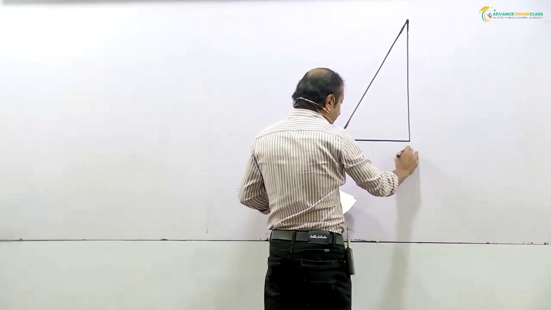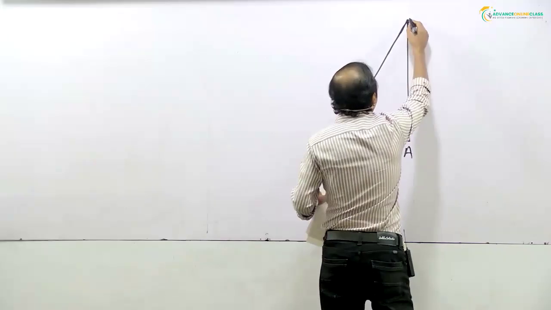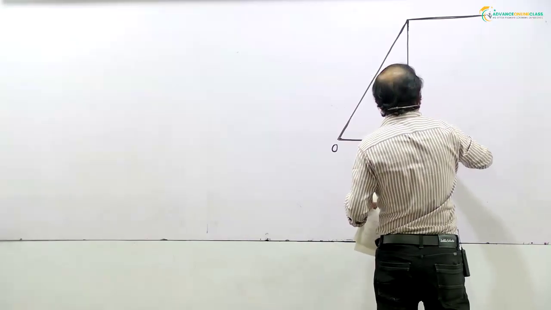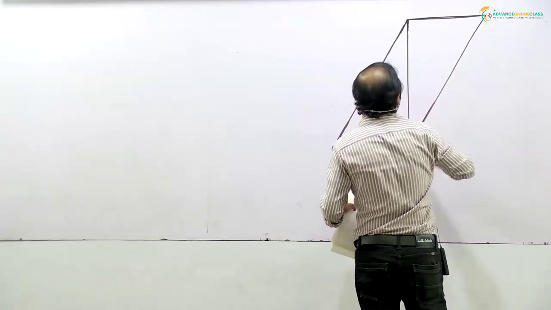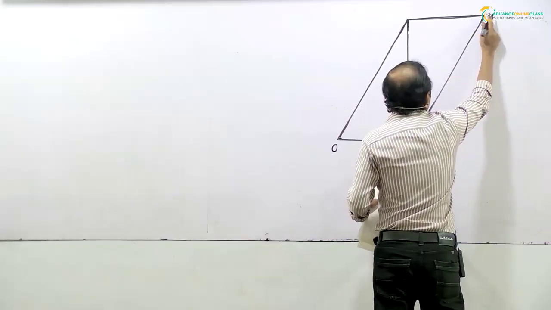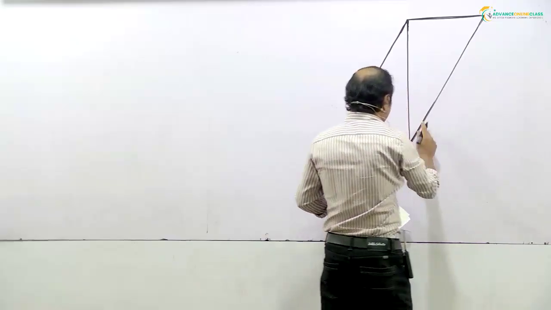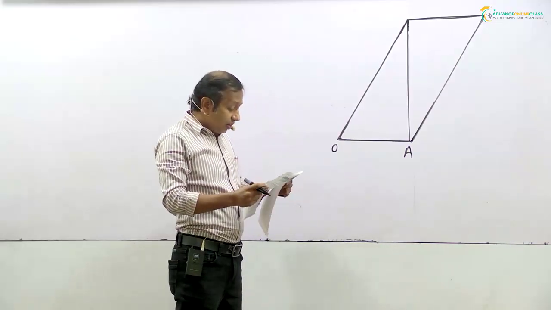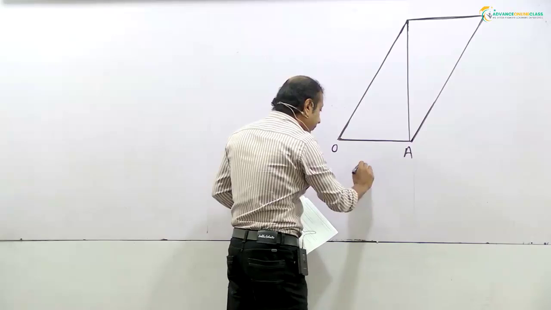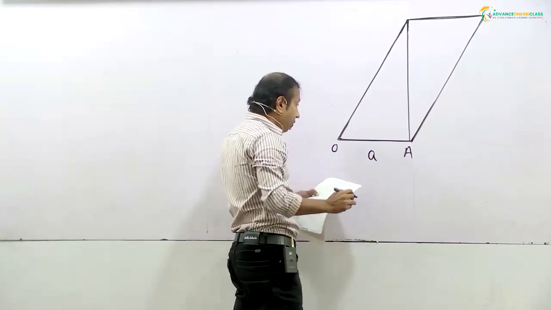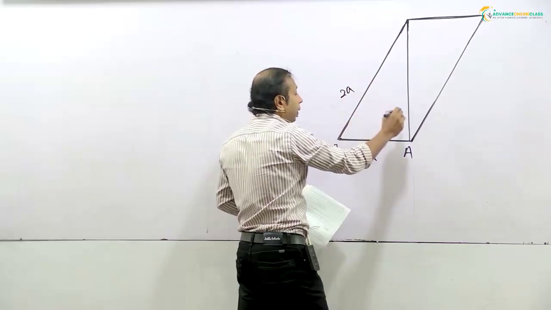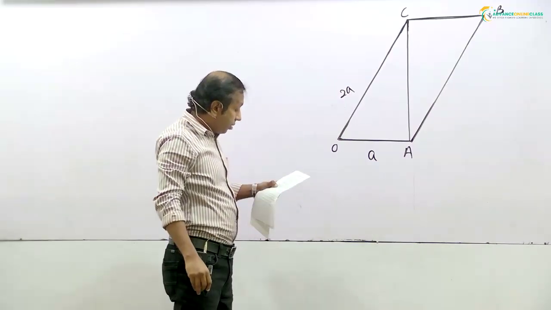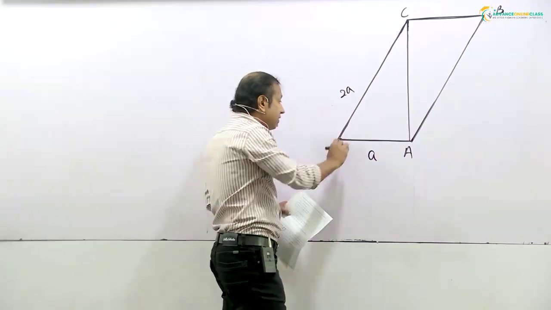O A B C. Okay. We are given OA, this line is A. OC is 2A. Angle AOC is 60. This is 60.